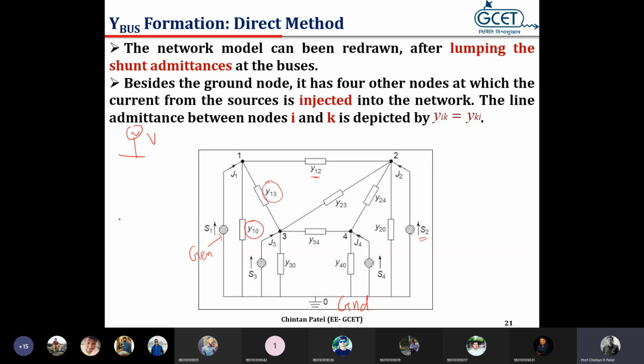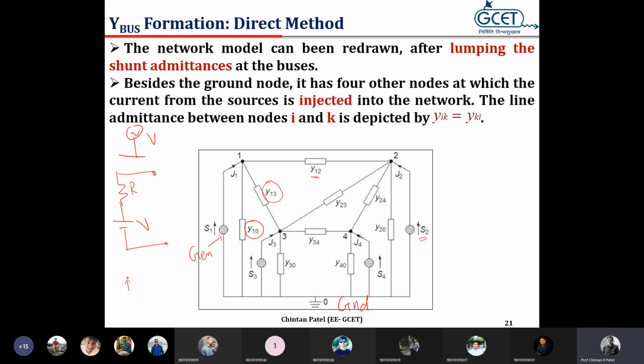Now recall source conversion. We have discussed in BEE that if we transform from voltage source to current source, let's assume there is a voltage source in series with resistance, voltage, and this is resistance. If we transform this voltage source into current source, how can we do that?